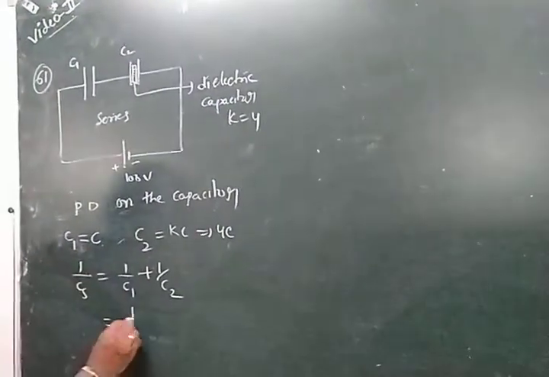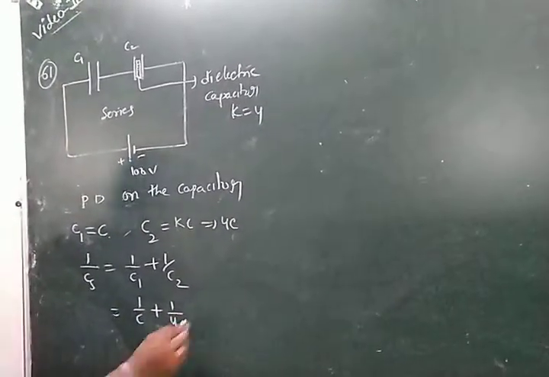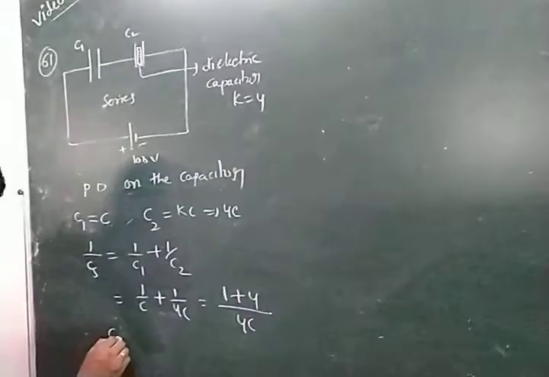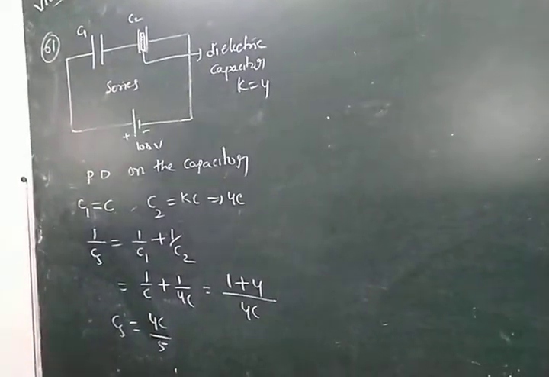Now write 1 by C plus 1 by 4C. Taking the LCM 4C, 1 plus 4 gives Cs is equal to 4C by 5.